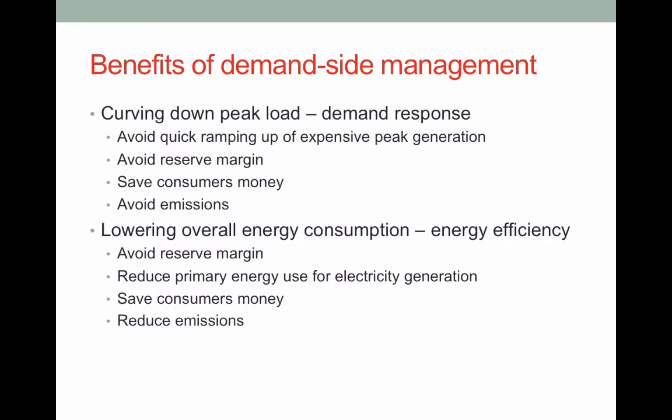Specifically for demand response, we are able to curve down peak load, and by doing that, we can avoid the quick ramping up and ramping down of expensive peak generation, and also avoid the reserve margins for that generation. By doing this, we can save the consumer money and avoid greenhouse gas emissions and the emissions of air pollutants.